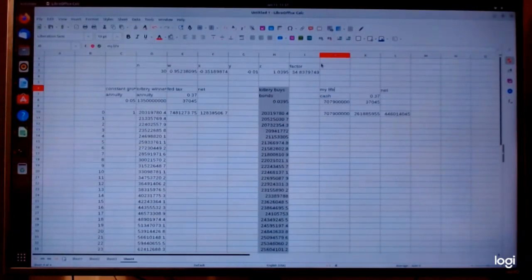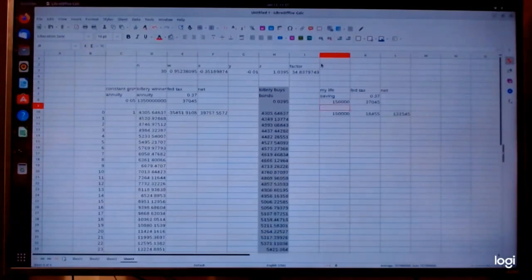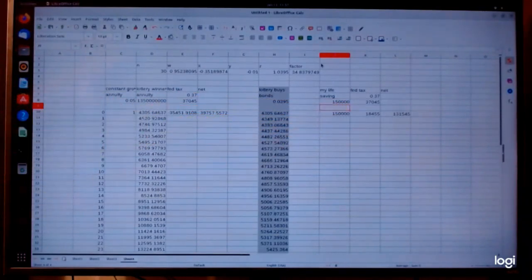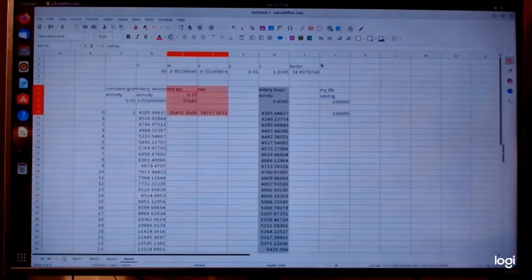I mean, I know if my life savings is the average, what, 100? So the average life savings is probably, say, around $150,000. And I'm not going to look at the taxes on this. I don't know enough about it. I'm going to take the tax off of here.